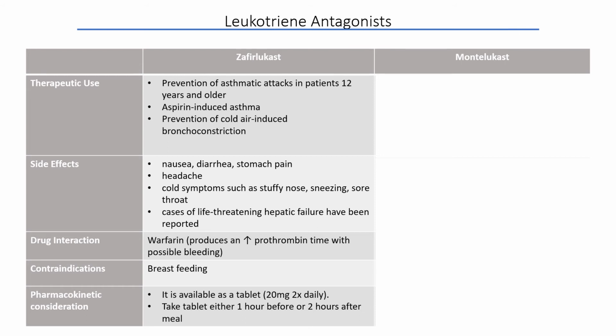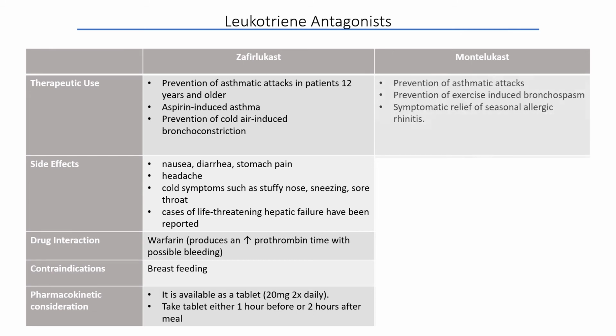Montelukast is also used for the prophylaxis and chronic treatment of asthma in adults and pediatric patients aged 6 years and above. Again, it is not indicated for the reversal of bronchospasm in acute asthma. It is useful in prevention of exercise-induced bronchoconstriction, and it is also used as symptomatic relief for seasonal allergic rhinitis.